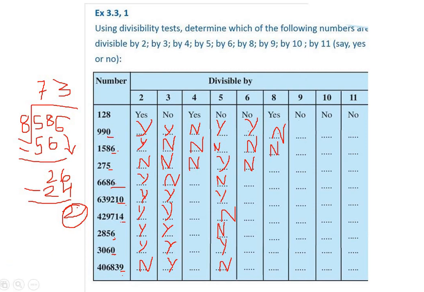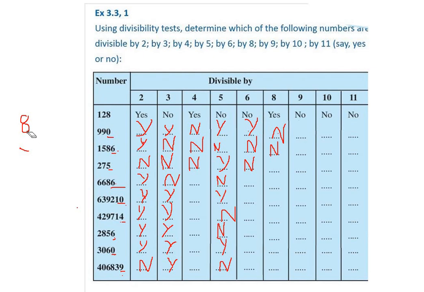Let's check the other number, that is 275. For 275, the last 3 digits we take: it is only a 3 digit number, that is 2, 7 and 5.